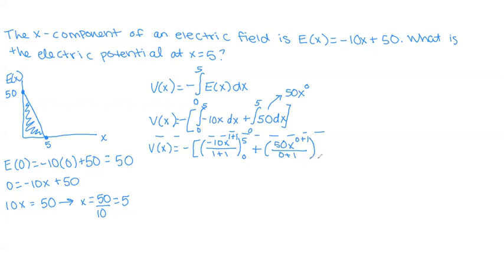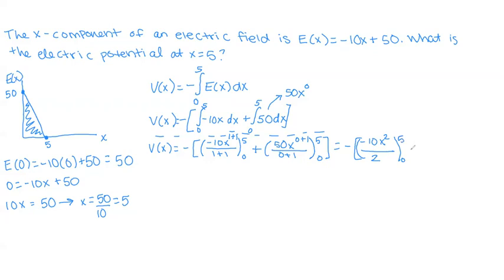50 x to the 0 plus 1 divided by 0 plus 1, and we want to evaluate that from 0 to 5. All right, I'm just going to simplify that down a little bit, make this a bit easier. So negative 10 will stay there. x to the 1 plus 1 is 2, divided by 1 plus 1 is 2, and we want to evaluate that again from 0 to 5.